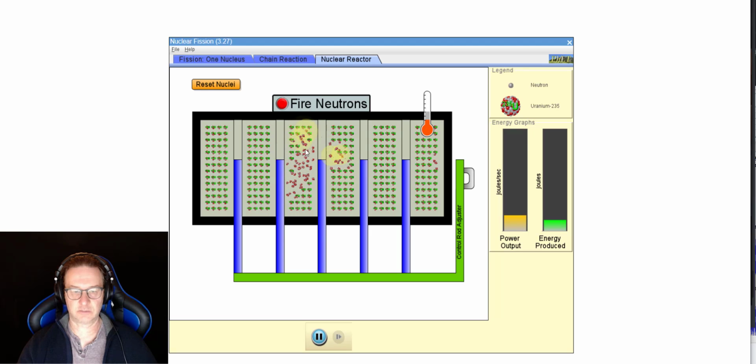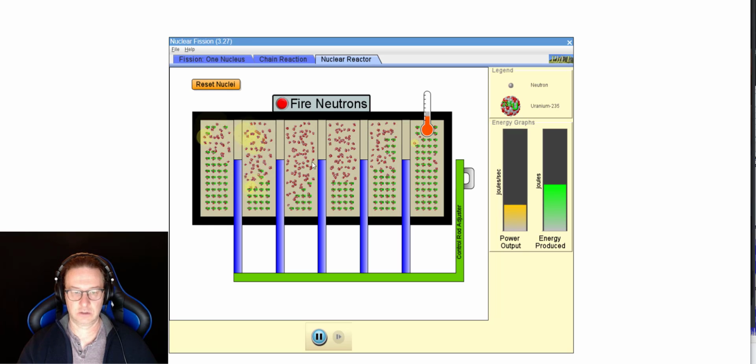Now you can see some of the reaction is spilling into different chambers. You're getting more output, you're getting more energy, and it's continuing. And you see the temperature in the chamber is going up here. Okay, so now that has stopped for the moment.